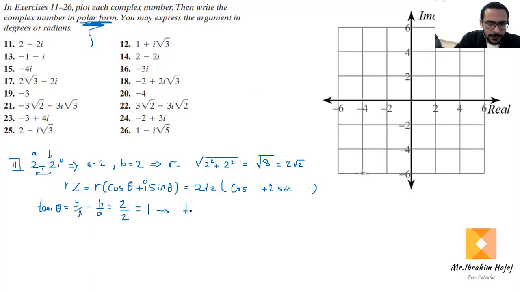So tan theta equals 1, and in the calculator theta equals tan inverse of 1, which is 45 degrees, or pi over 4.